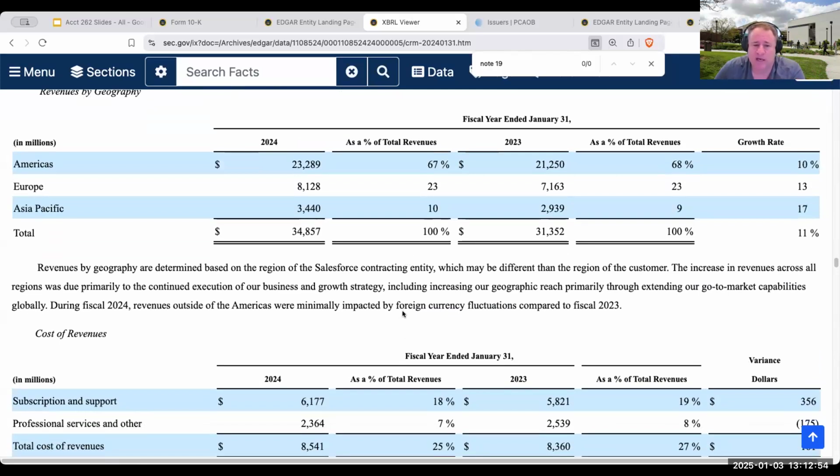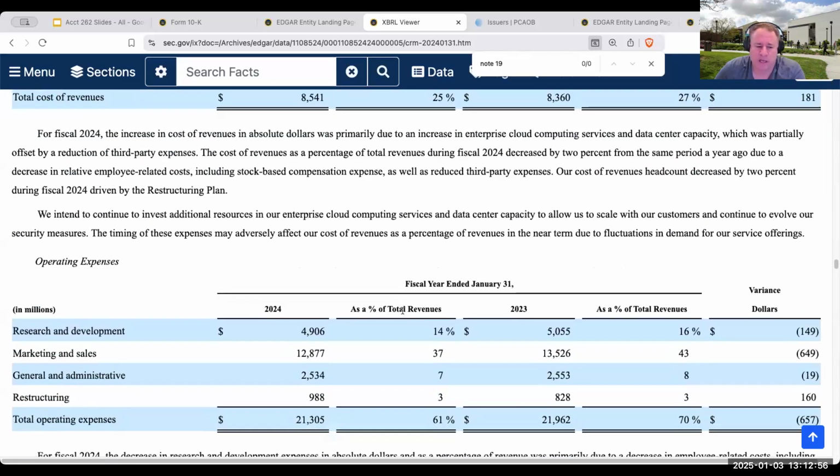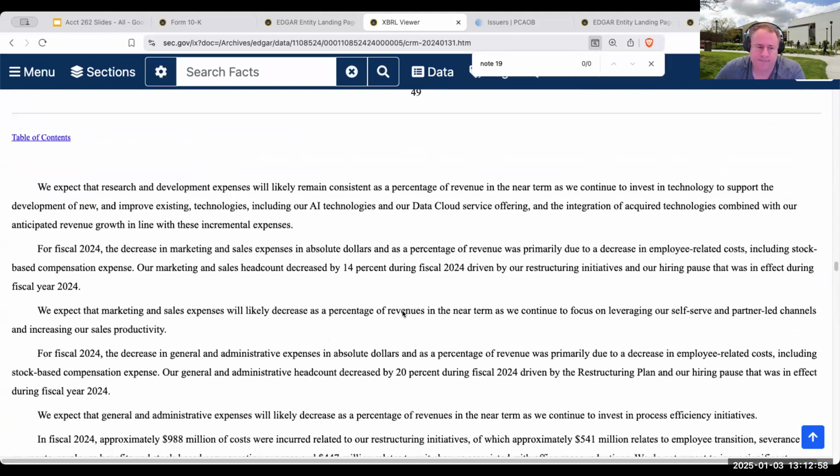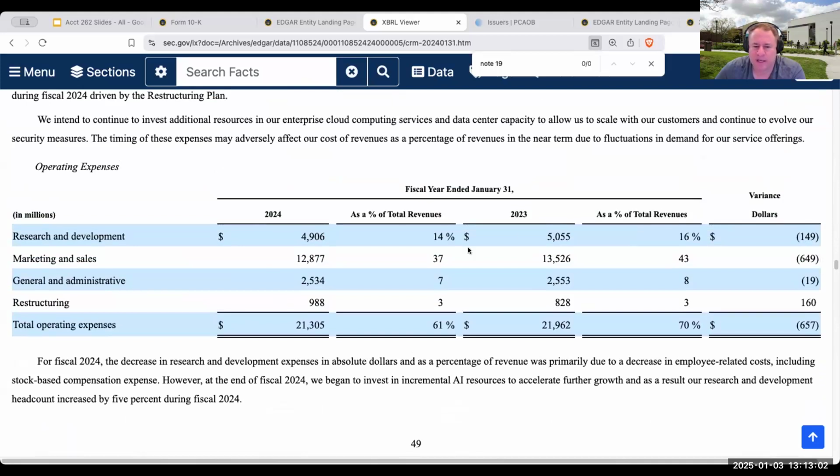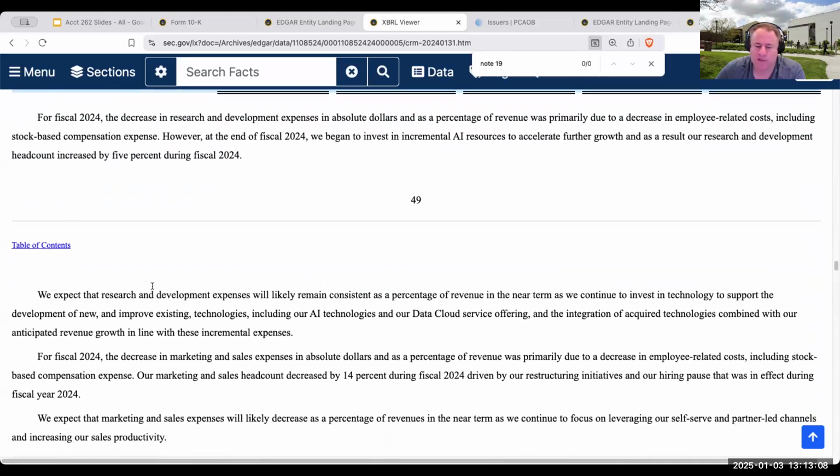It really depends on how you're looking at this. You've got cost of revenue. And R&D looks like it went down slightly from the prior period. But we expect that R&D will likely remain consistent as a percentage of revenue as we continue to invest in technology.